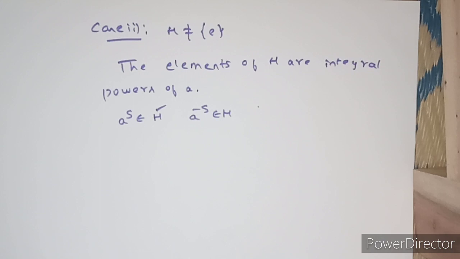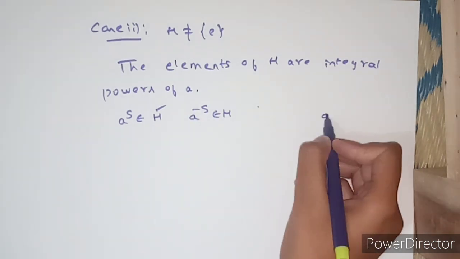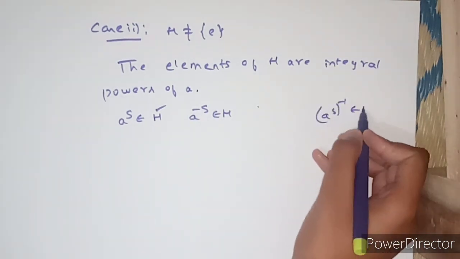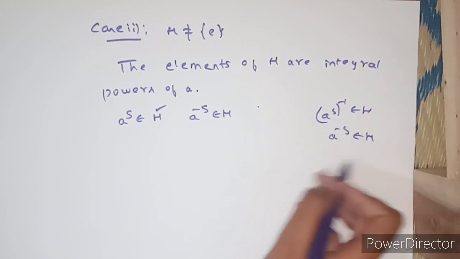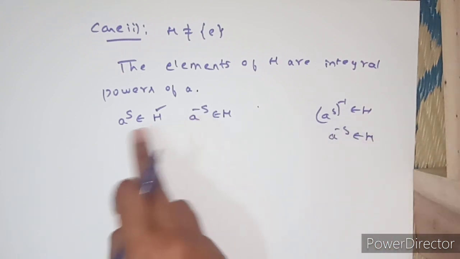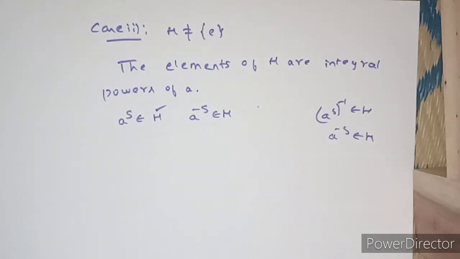Existence of an inverse is one of the properties of a group. If a^s belongs to H, then the inverse of a^s also belongs to H. The inverse of a^s is nothing but a^-s. So if a^s belongs to H, then a^-s also belongs to H.